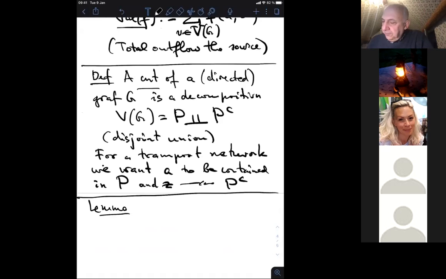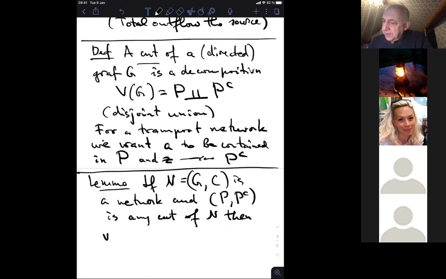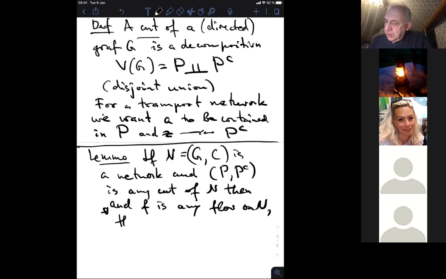If N, which is a graph, plus this capacity function C is a network, and P, P complement is any cut of N, and F is any flow on N, then we have the following relation: the value of this flow, which is the total outflow from the source, equals the sum of all flows.